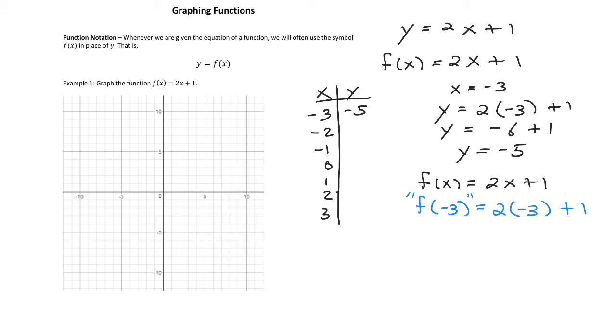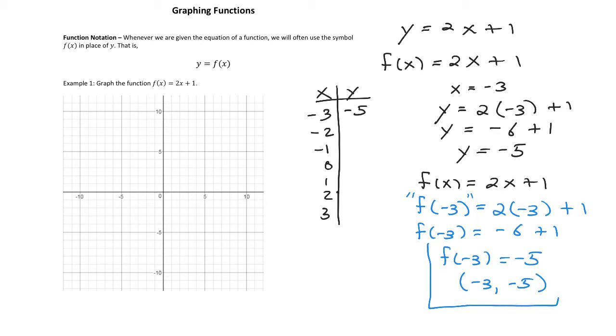It's indicating that you're putting -3 in place of x. So this symbol stays as is, but we still simplify the right in the same way, where you get -6 plus 1, and then I would write f of -3 is equal to -5. So there's no difference between writing the point -3, -5, or using the notation f of -3 is equal to -5. Those two things mean exactly the same thing.